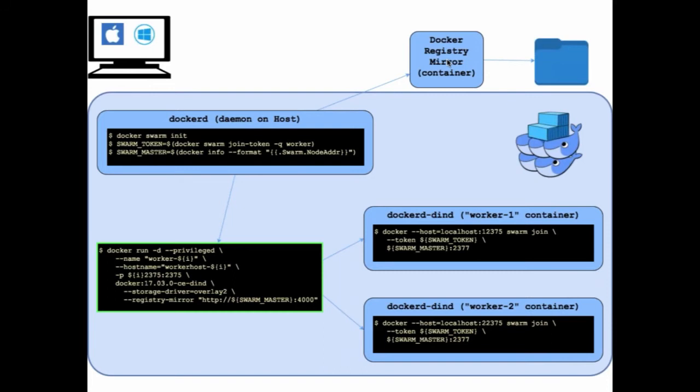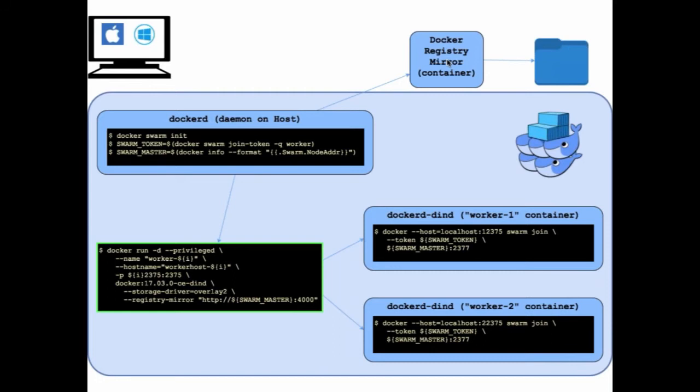And as worker machines, I will use Dind, which is Docker in Docker, meaning running Docker containers that contain Docker inside, okay? And these 2 Docker containers with Docker in Docker, I will join them to the master.